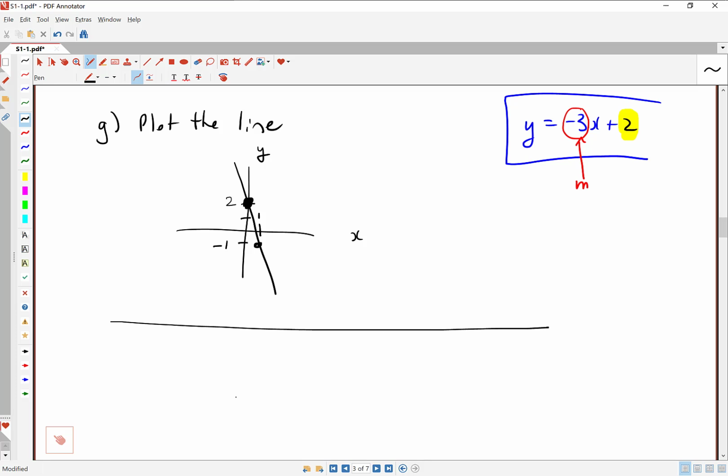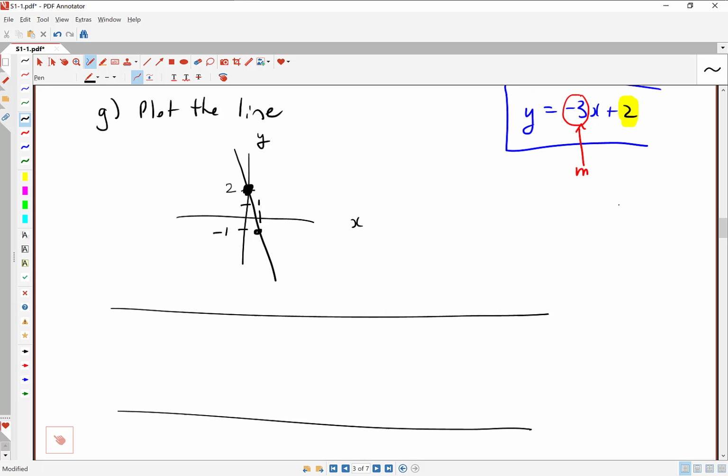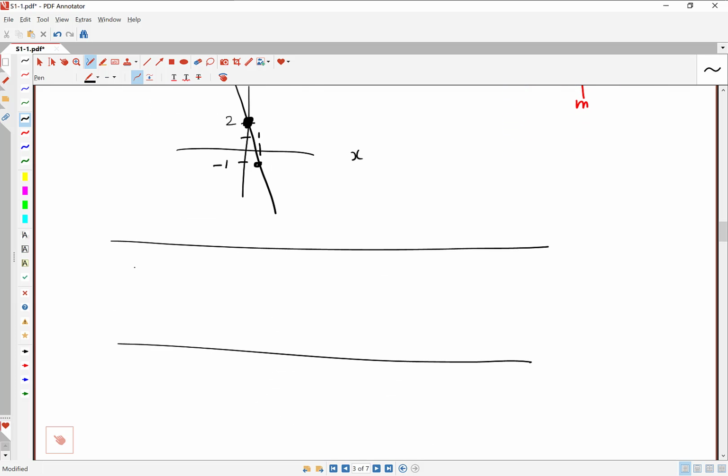So just as an aside, I think I'll do a second example just illustrating how we use the slope and the y-intercept to plot a line. So let's say the standard form of your line were y equal 4x plus 1, for example. So quick way to sketch this, you would say, this 1 is my y-intercept. So crossing the y-axis at y equal 1. And then this number here is your slope.